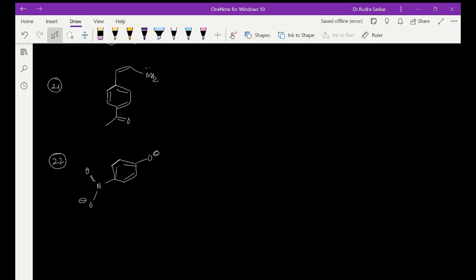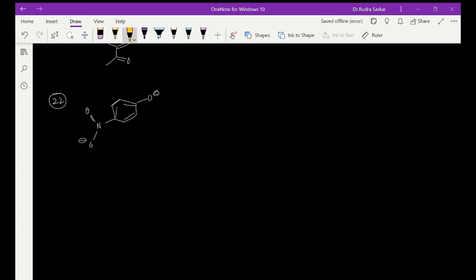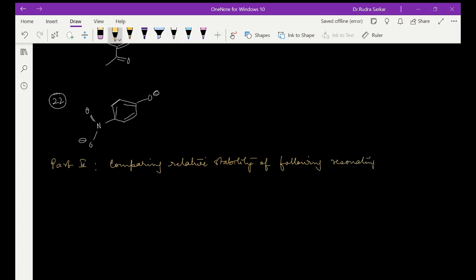Now the next one that we will do is, this we are calling part 2, and here we will do comparing the relative stability of the following resonating structures.